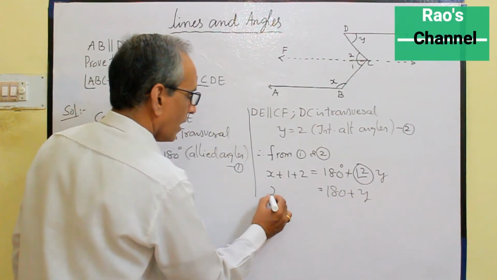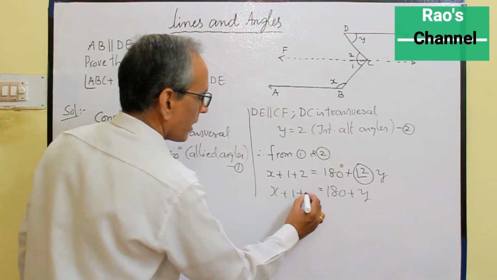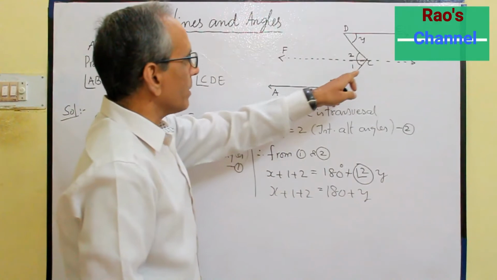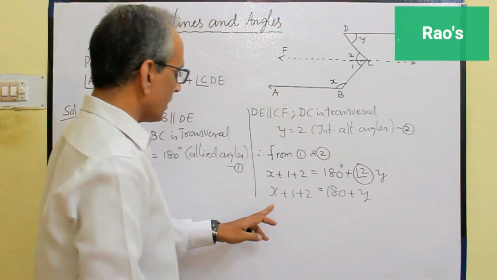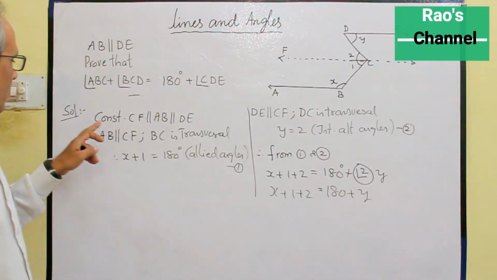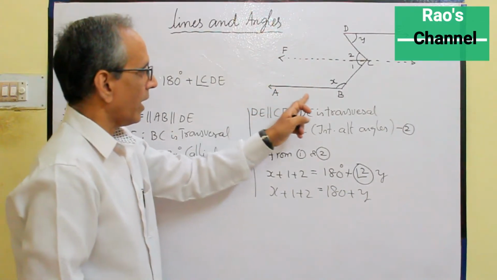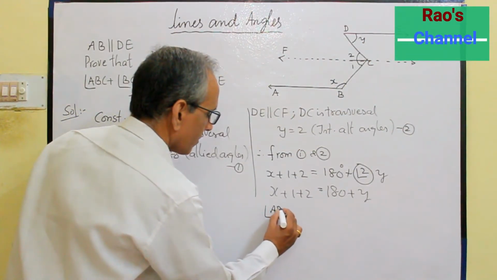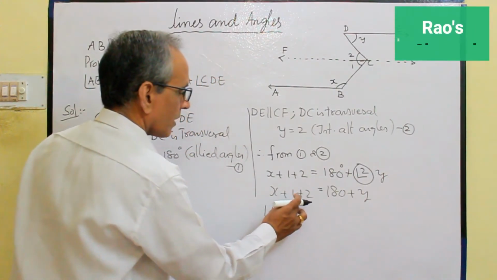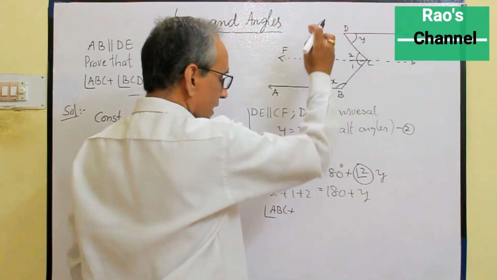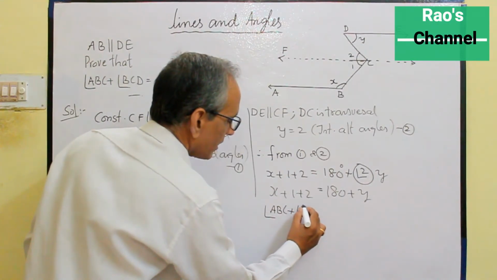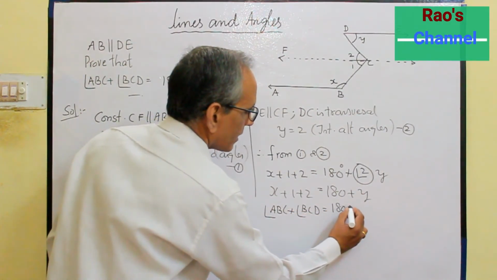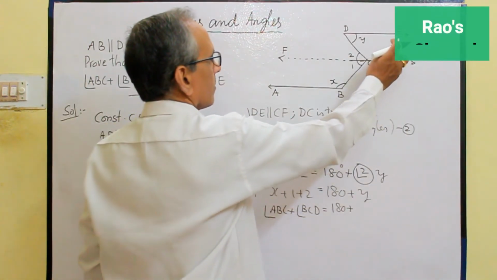What is X plus 1 plus 2? What is 1 plus 2 in the question? Angle BCD. Let me write everything. What is X? Angle ABC. Therefore, angle ABC plus, what is 1 plus 2? Angle BCD. Angle BCD is equal to 180 plus, what is angle Y?